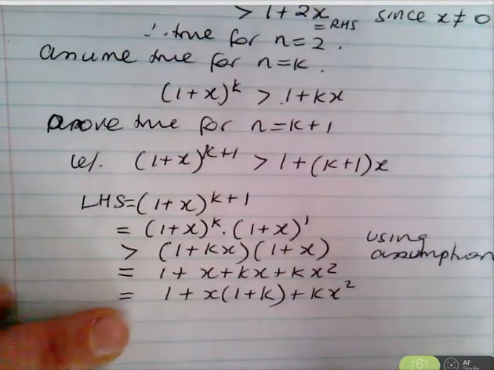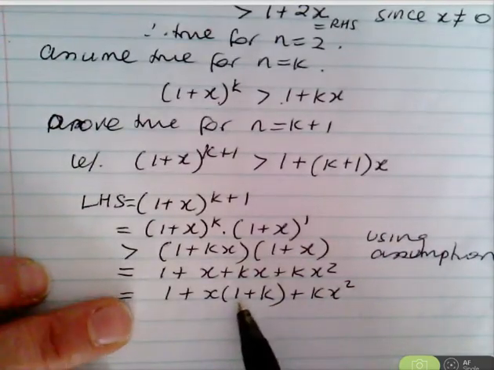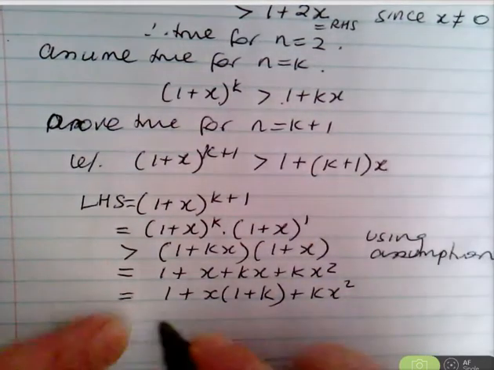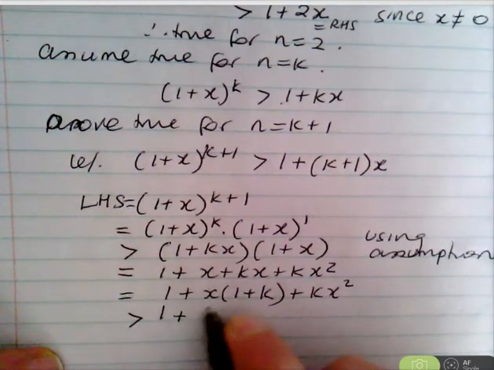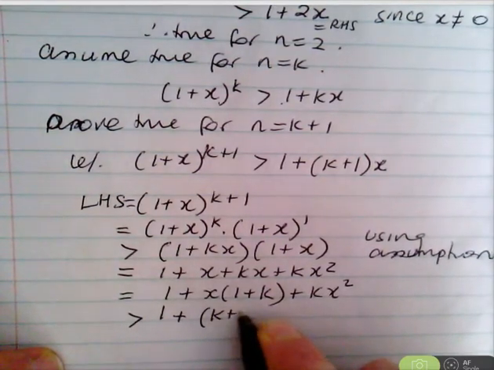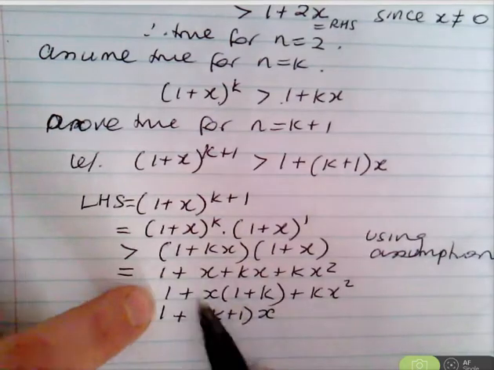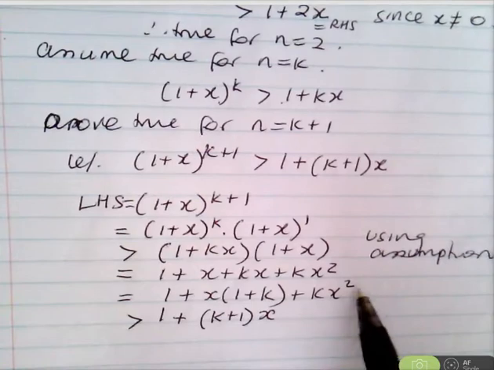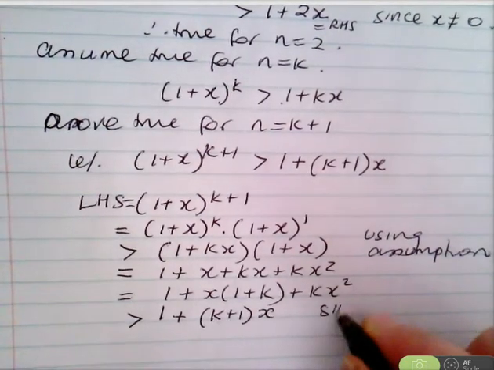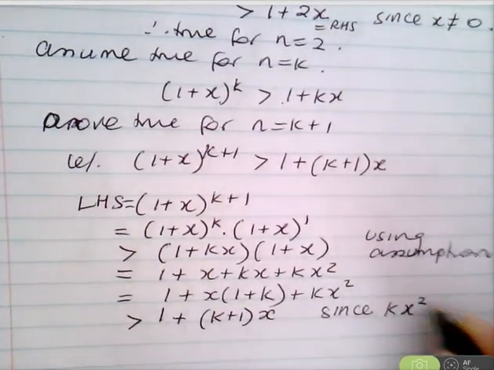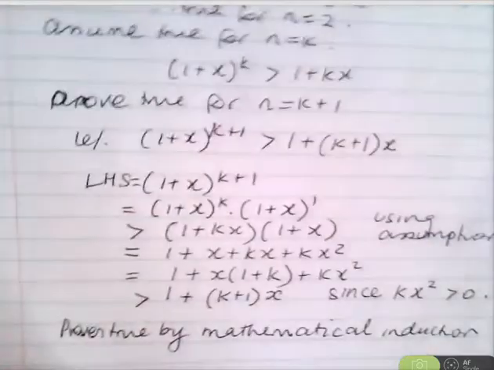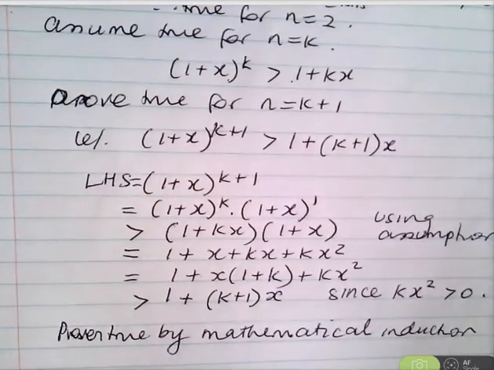Now we're trying to prove that this is greater than 1 plus k plus 1 times x, and it is, because these two terms are the same, plus we've got the kx squared here. The reason is that k times x squared is greater than 0, because we know that k is greater than or equal to 2. Therefore this is proven true by mathematical induction.